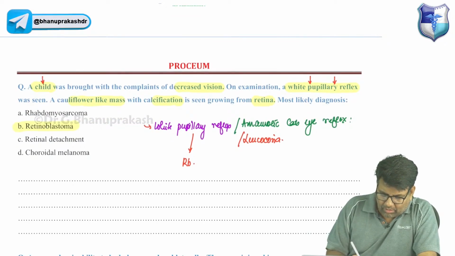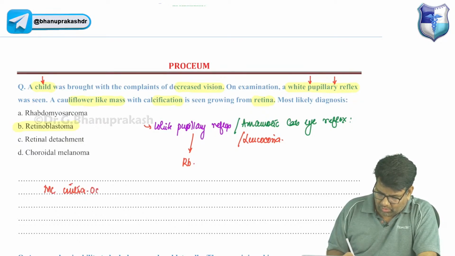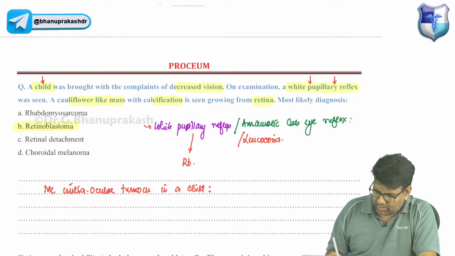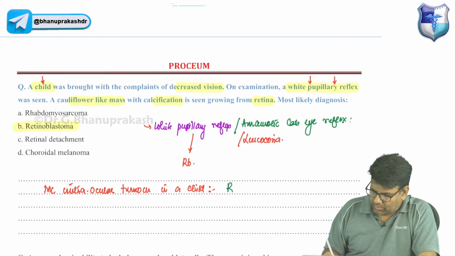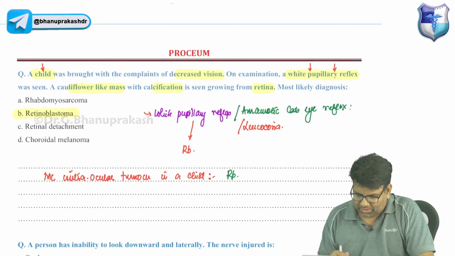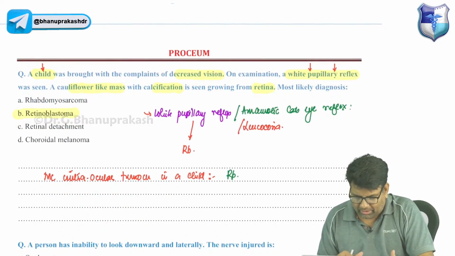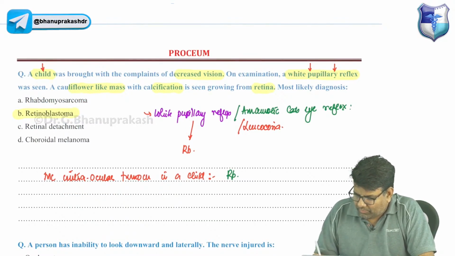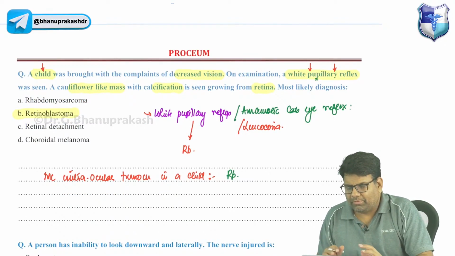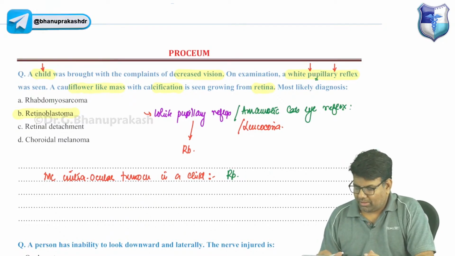And in a child, if you are asked the most common intraocular tumor in a child, the answer has to be retinoblastoma. Rhabdomyosarcoma can present with a cauliflower-like mass, but white pupillary reflex is very indicative of retinoblastoma.